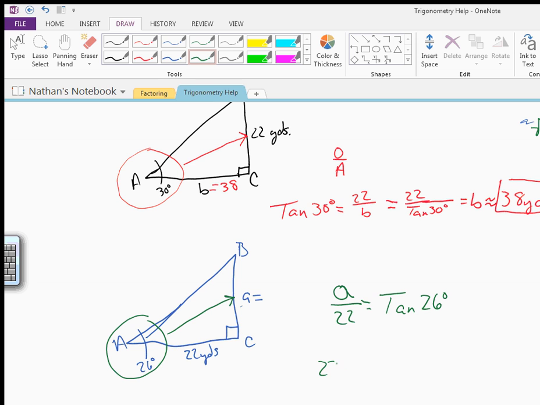So this will end up being 22 times tangent 26 degrees, which is approximately 10.73, so that's approximately 11 yards.